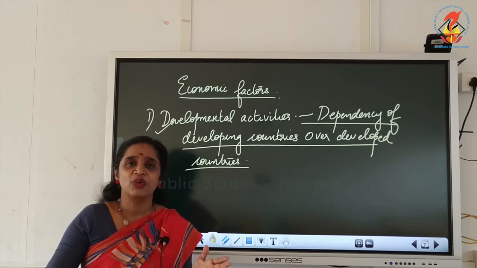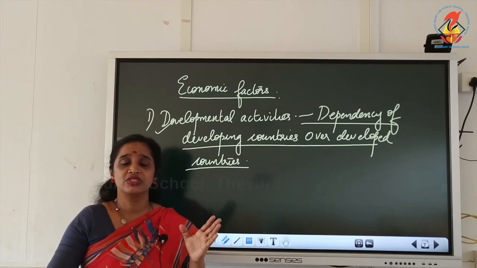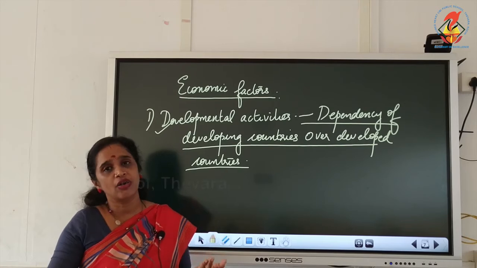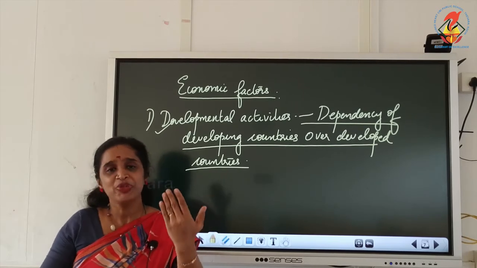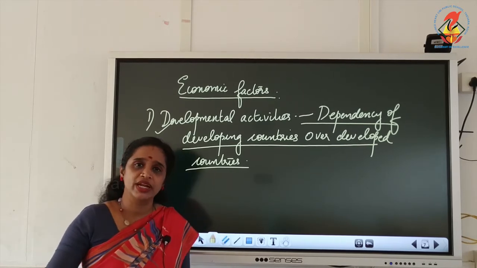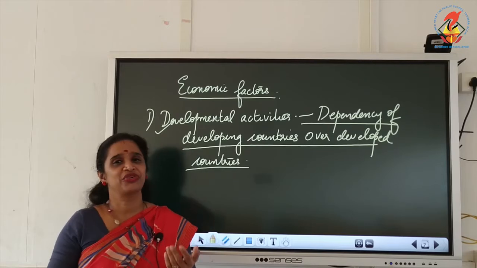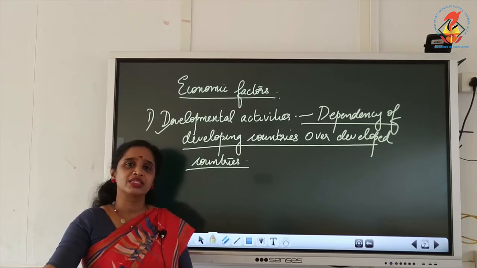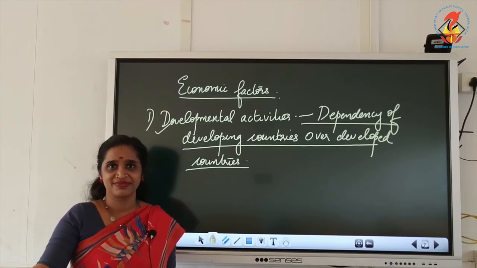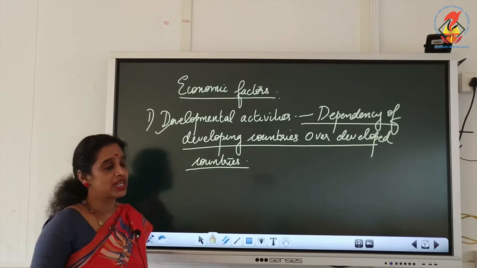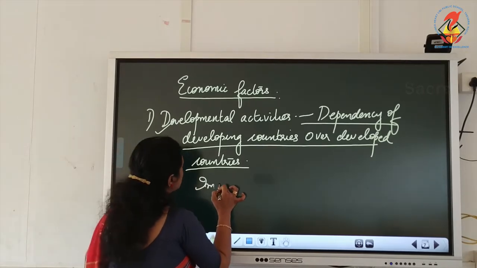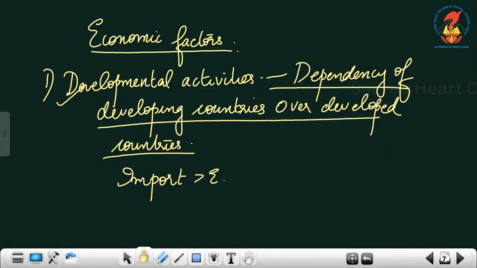Developed countries have their own technology which they are well established in. As we are not that much developed, we have to borrow technologies from outside, for which we have to pay. Therefore, our money is flowing outside. That means in that situation, what can we say? Import is more than export.